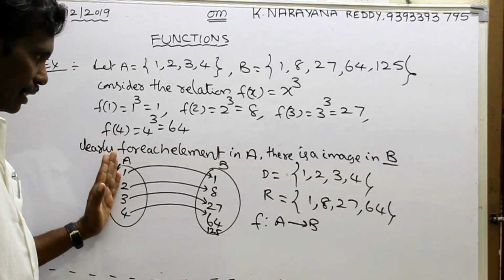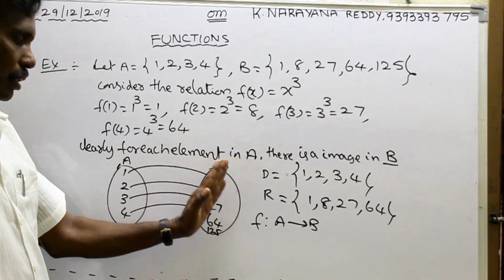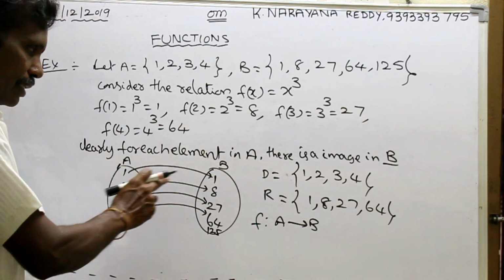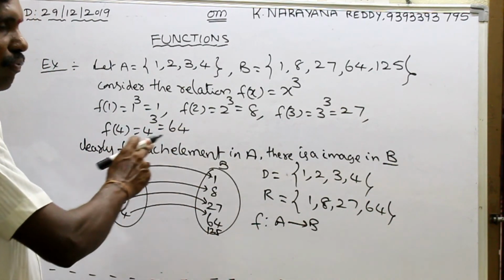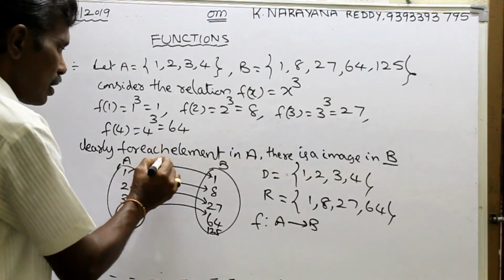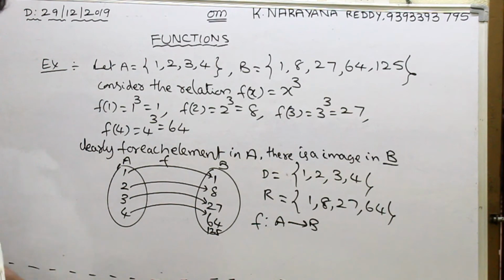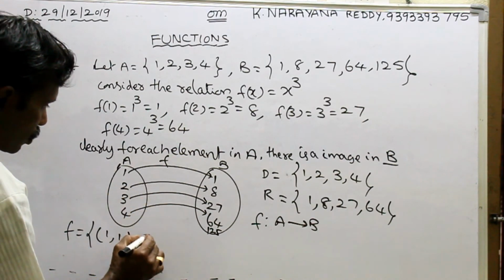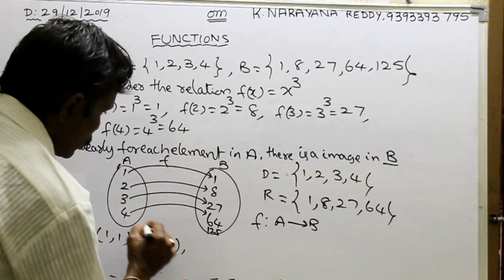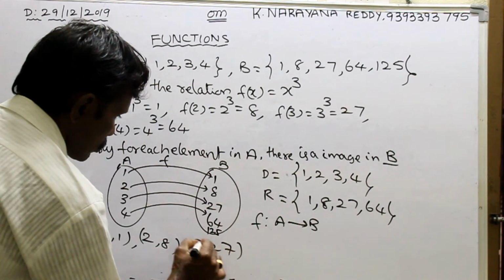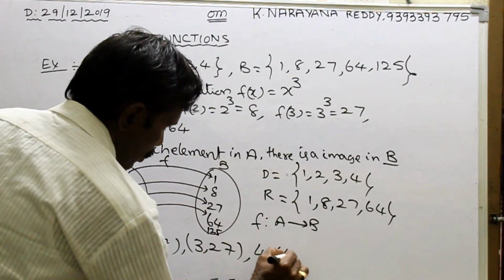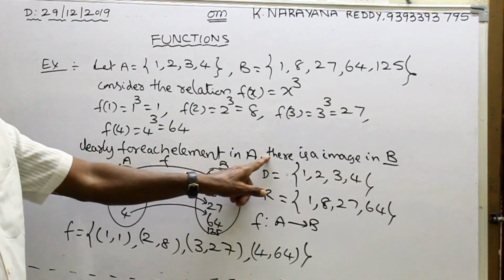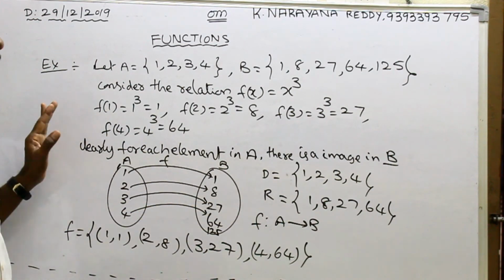For each element in A, there is an image in B. Take 1, 2, 3, 4. Yes, there is an image in B. So this is a function. That is f equals {(1, 1), (2, 8), (3, 27), (4, 64)}. This is domain, this is range. This is about function.